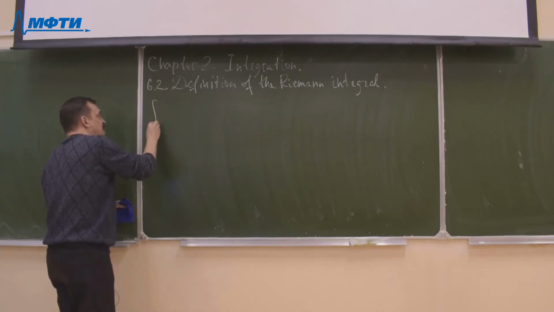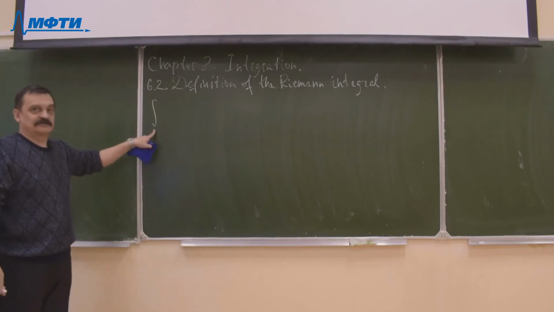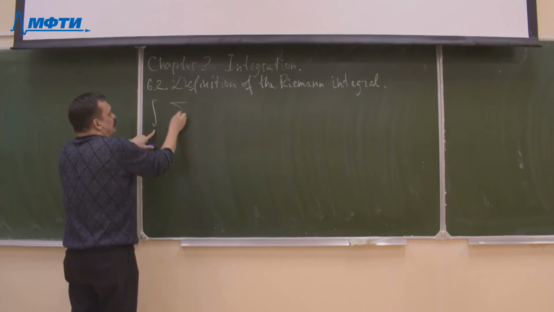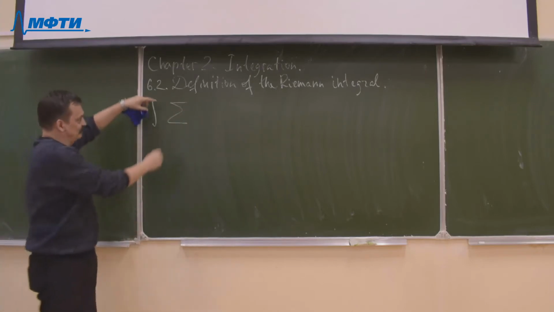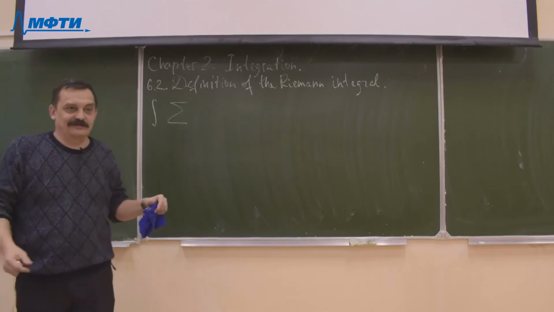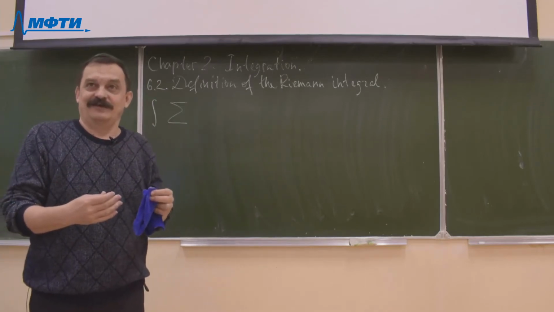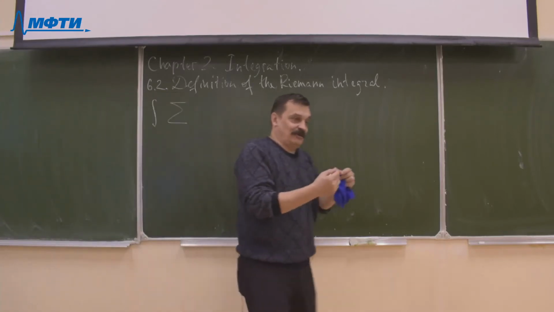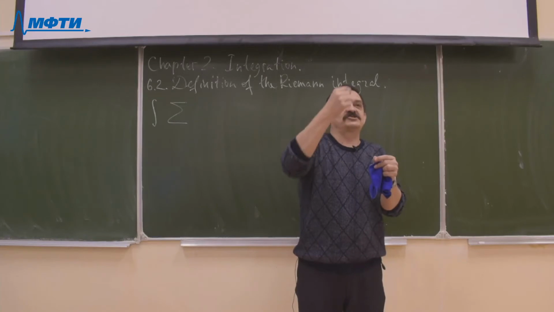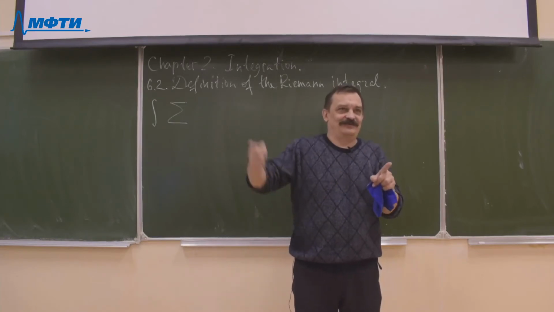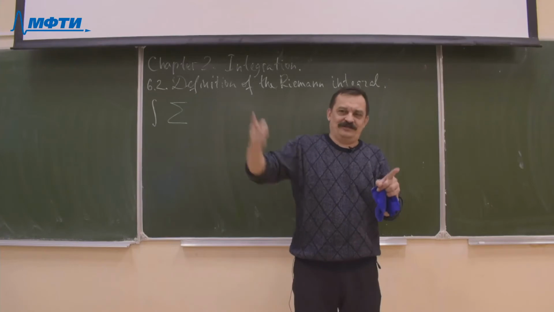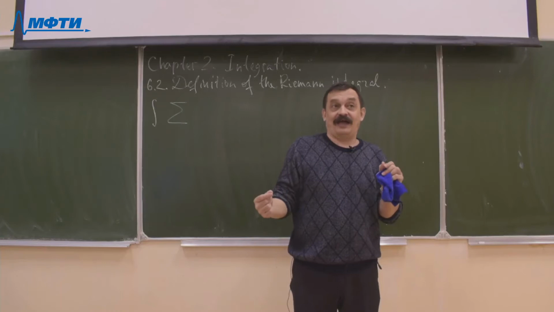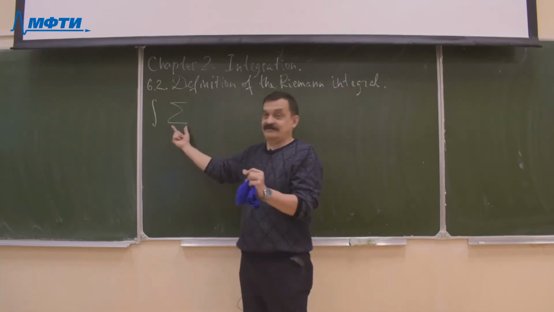the sign of integration. What is the sign of integration? That is similar to the summation sign. So you make it smoother. In fact, that is in analogy with a finite sum, a discrete sum: 1, 2, 3, and so on, finitely many terms. And then you make this sum smoother.